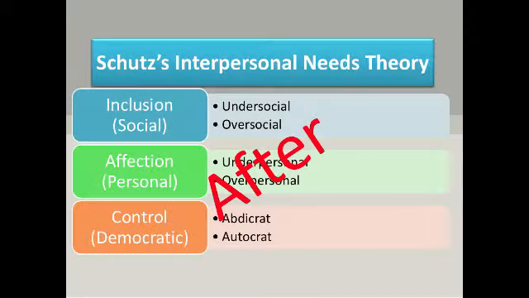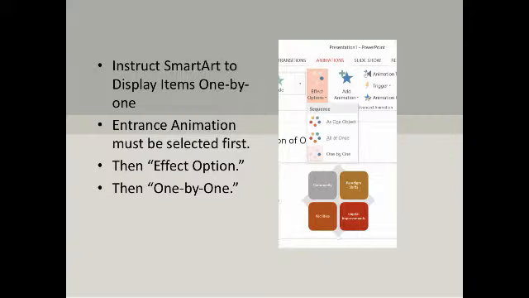But we might use SmartArt to create a little bit more interesting, maybe even a little more clear display of that textual language. So that's just a design feature that you can use there. If you're going to do that, and then when you get to the presentation, you want these items to come up one at a time, what you have to do is select the SmartArt item itself, and then you go to Animations, and you say Entrance Animations.